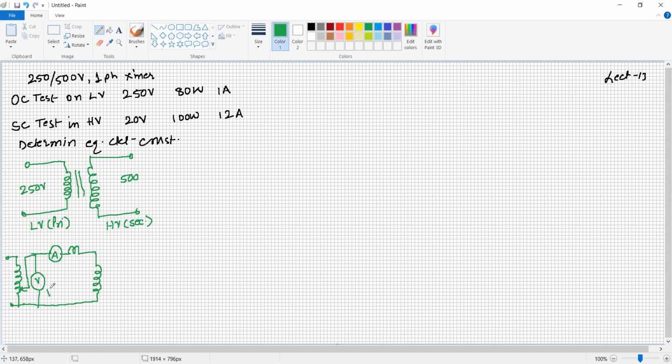Okay, so this is V0, I0, W0, and the secondary is kept open.